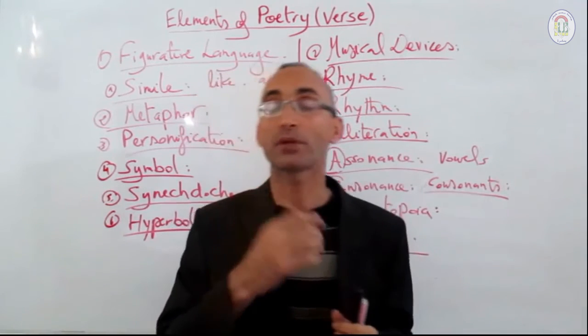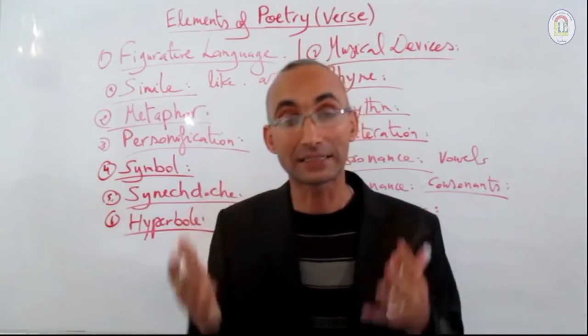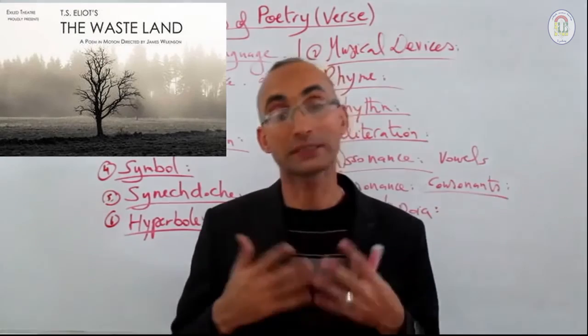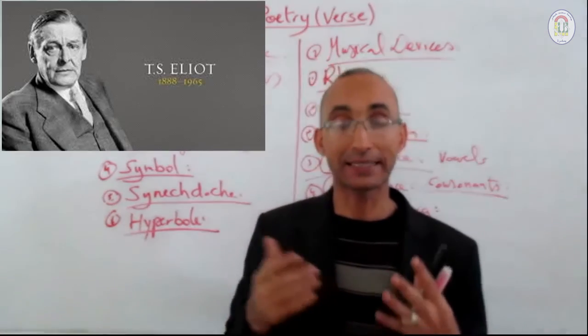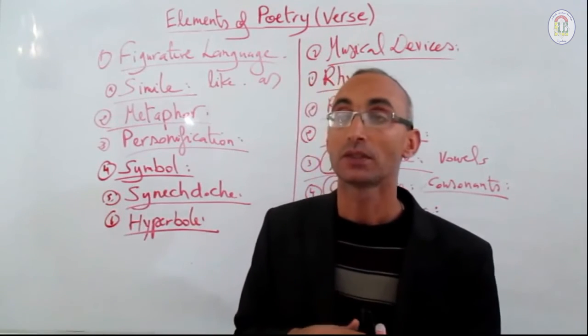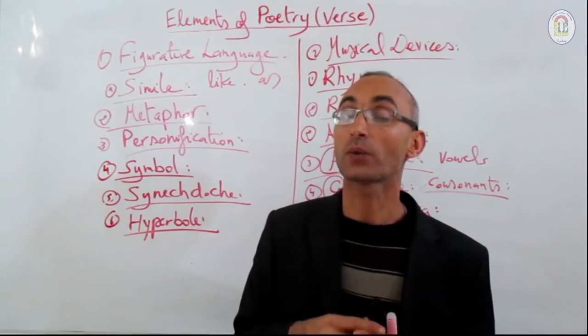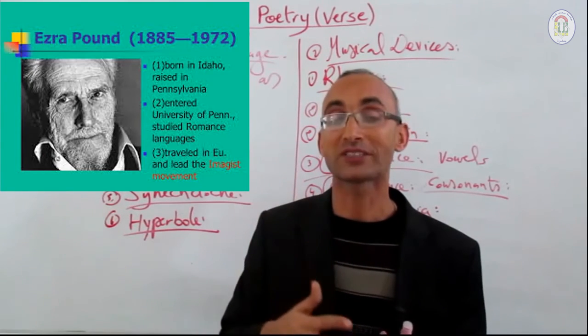We have also the example of The Waste Land by the father of modernism, T.S. Eliot, Thomas S. Eliot. The Waste Land, that long poem. Also we have Ezra Pound's poems, a long list of poems.